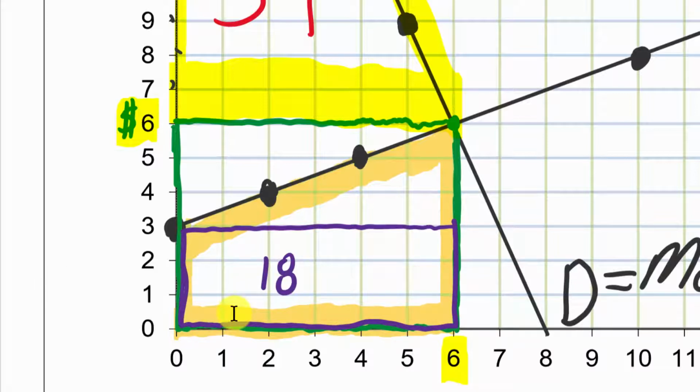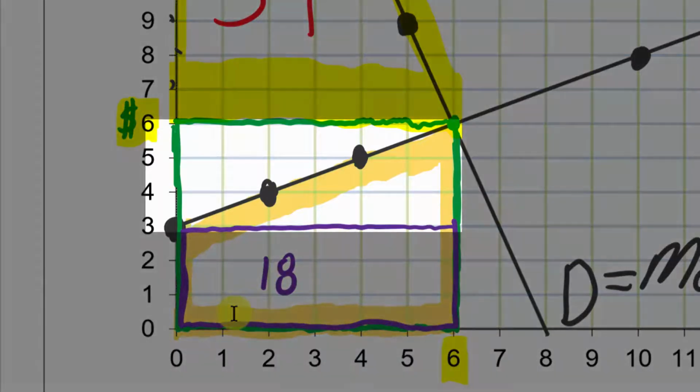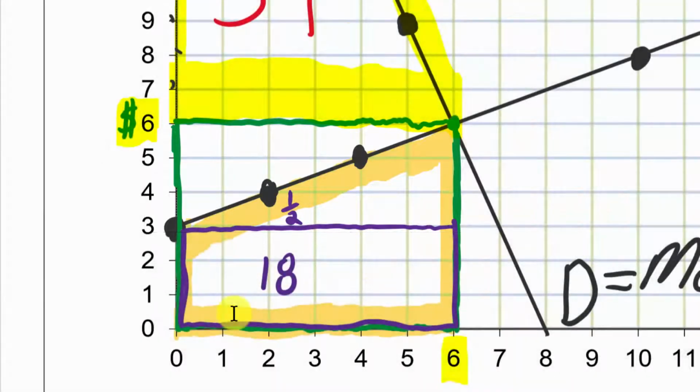There's also this little triangular part on the top, which is 1/2 base times height. 1/2 times the base is this 6 down here, times the height, which is 1, 2, 3. It goes from 3 up to 6. 1/2 times 6 times 3 is 9.